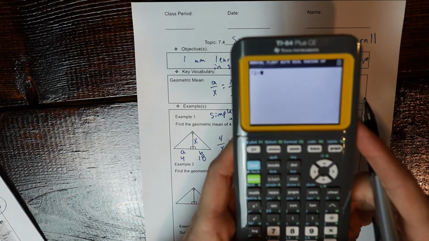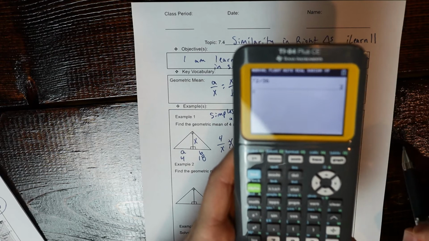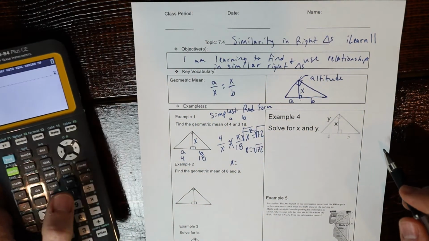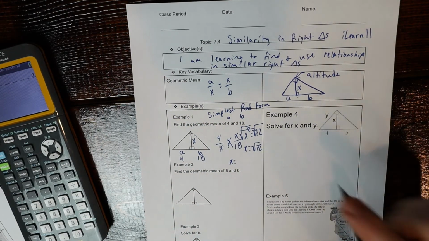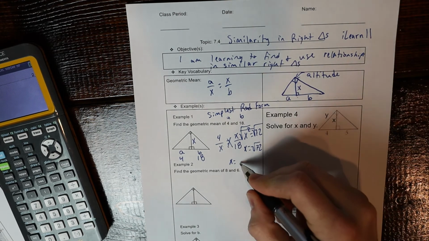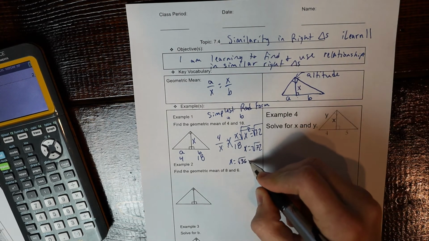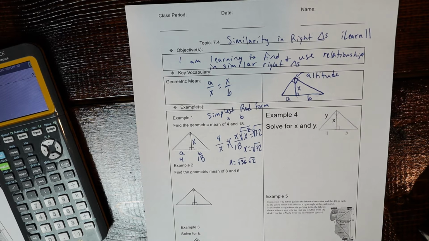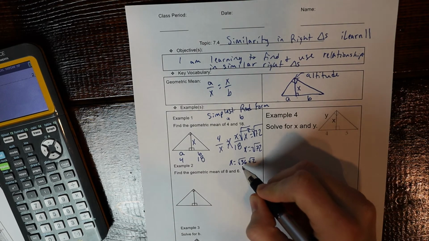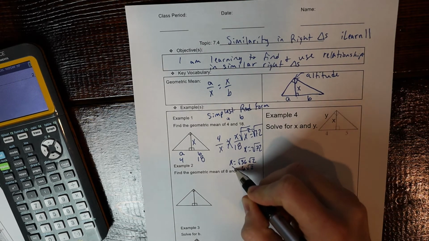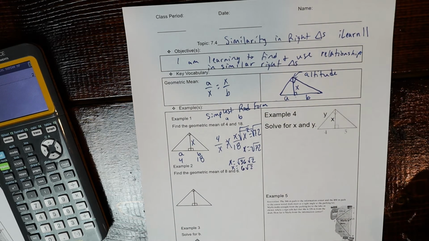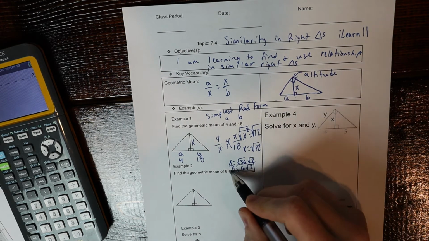And the largest one that's going to work is actually 36. So that would be the square root of 36 times the square root of 2. And the square root of 36 is 6, so 6 square root 2. And that would be your final answer, 6 square root 2.